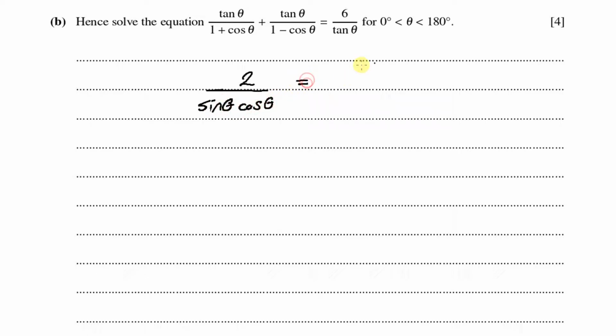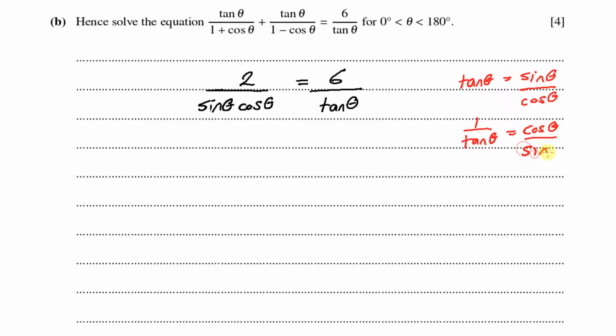So this should be equal to 6 over tan theta. Now we know from the identity that tan theta is equal to sine theta over cos theta. So 1 over tan theta should be the reciprocal of this, so that would be cos theta over sine theta.